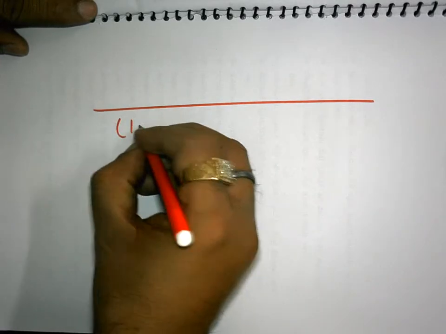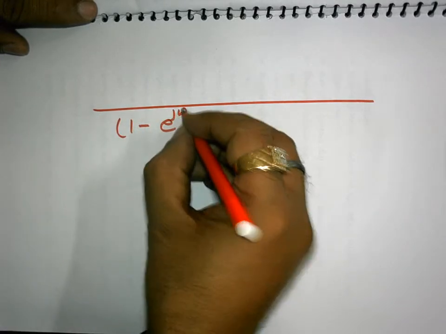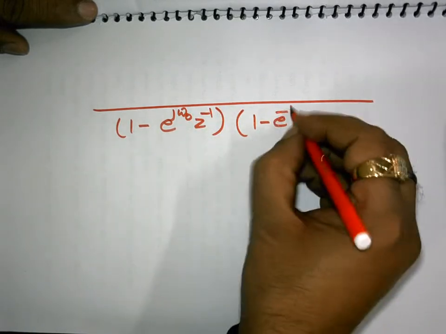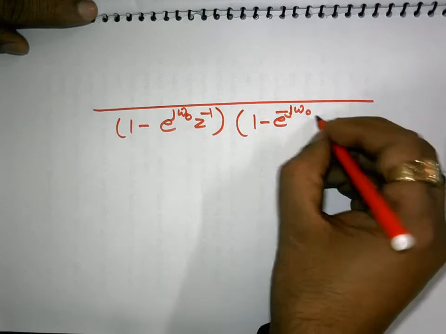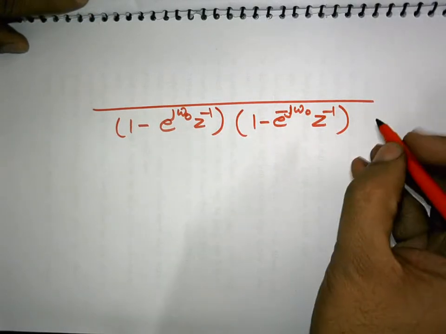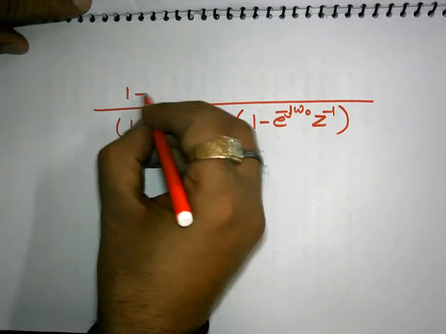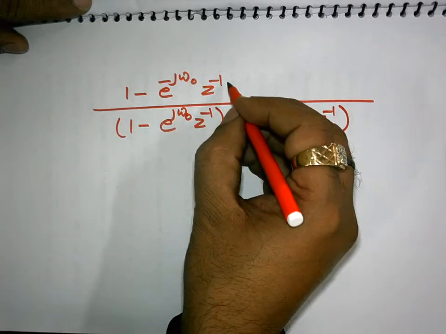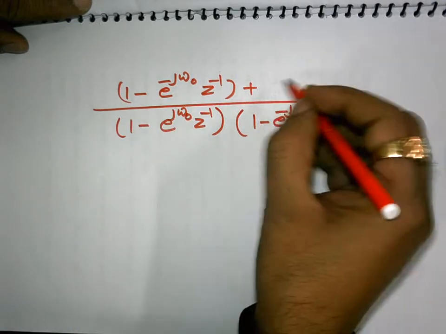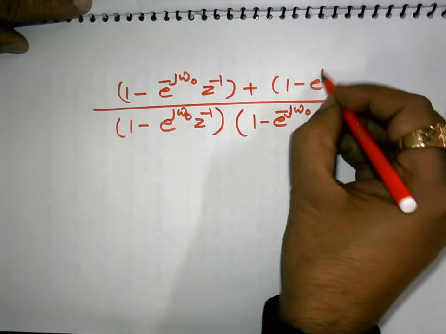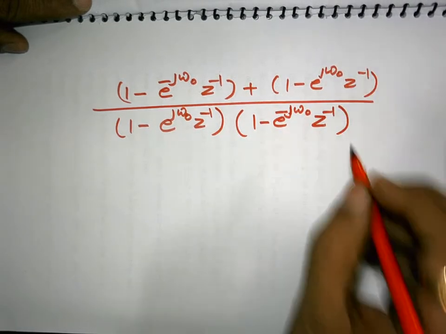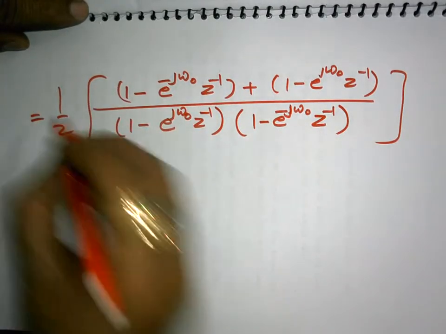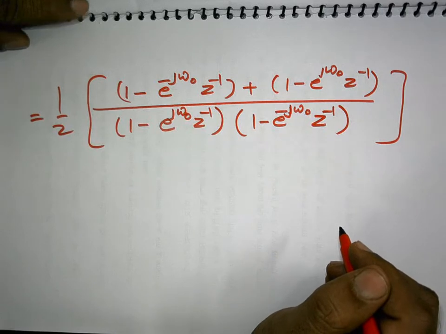How can it be simplified? Let us do this job. Over 1 minus e to the power j omega 0 z inverse and 1 minus e to the power minus j omega 0 z inverse, the numerator will be 1 minus e to the power minus j omega 0 z inverse plus 1 minus e to the power j omega 0 z inverse. Am I right? And this is multiplied by half.